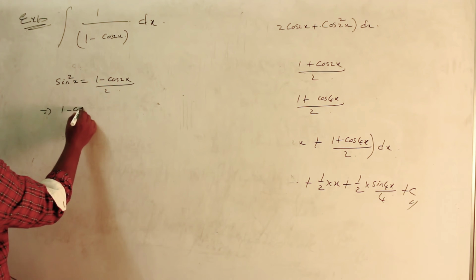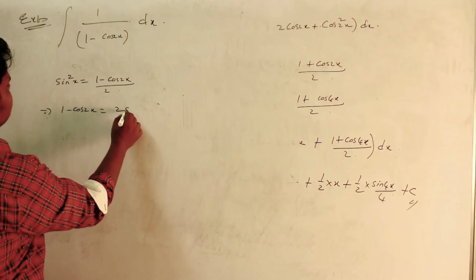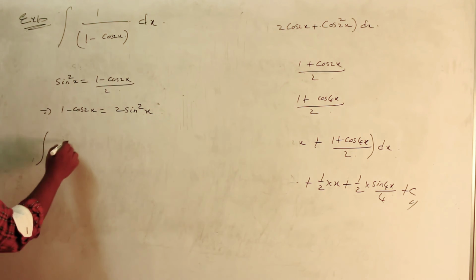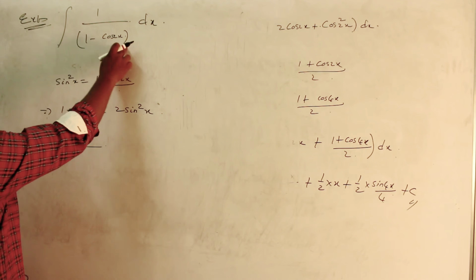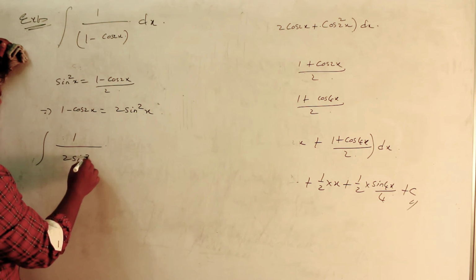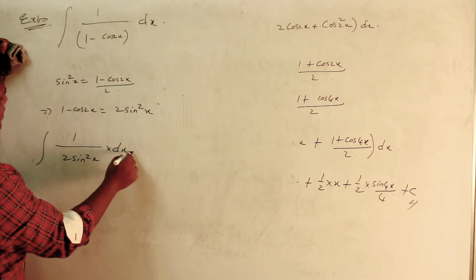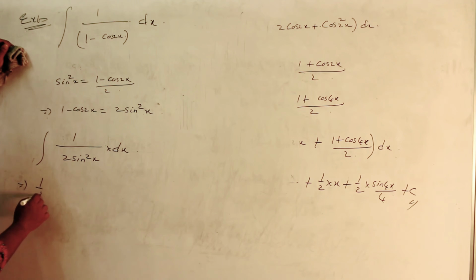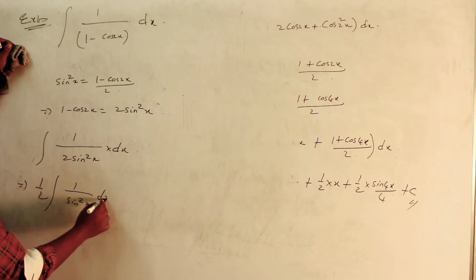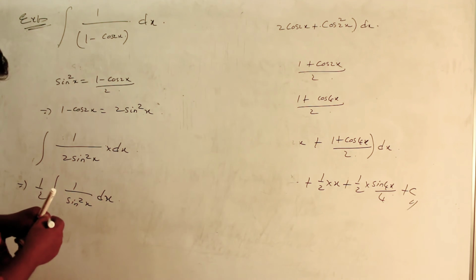Therefore, 1 minus cos 2x is equal to 2 sin square x. So let us substitute this here. Integration of 1 by 2 sin square x into dx. Now 2 I will take out, so integration of 1 by sin square x into dx.